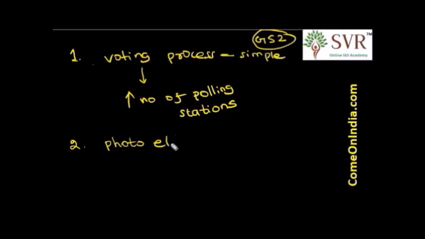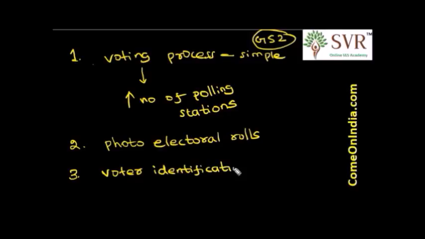Photo electoral rolls made it simple to verify the voter and less time is taken to verify the voters, so that the voting process is faster. Election Commission also introduced voter identification card, which made it easy to verify the voters.